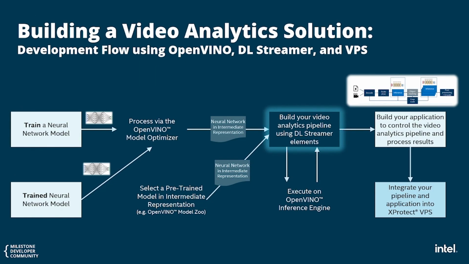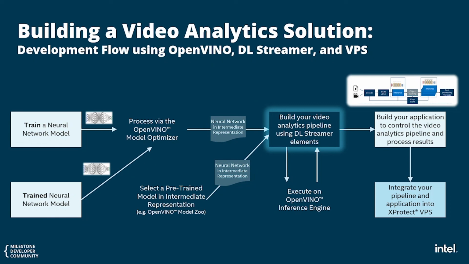Let's summarize all the steps of our journey. If you want to easily build a high-performance video analytics pipeline, just follow the steps. First, get one of the models from our Open Model Zoo. Second, process it via the OpenVINO Model Optimizer. Then, build your video analytics pipeline using DL Streamer elements that will execute inference on the OpenVINO inference engine.